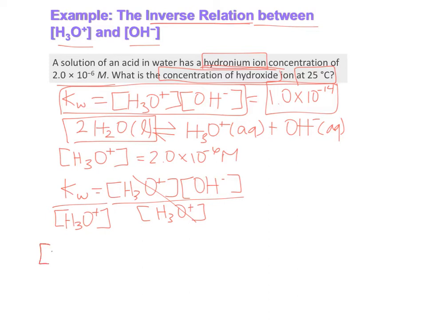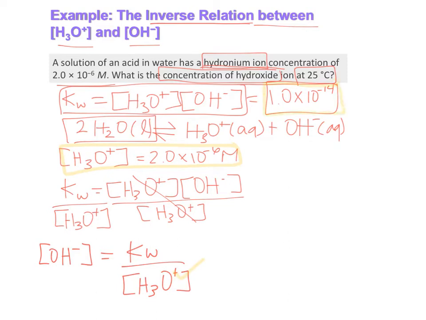So I'm flipping it around, and then we have our Kw divided by H3O plus. And both of these values we already have. We have H3O right here. We have that checked off. And we also know that Kw equals that. So we have both of these, and we just plug them in. So now I'm going to write them in. 14th.